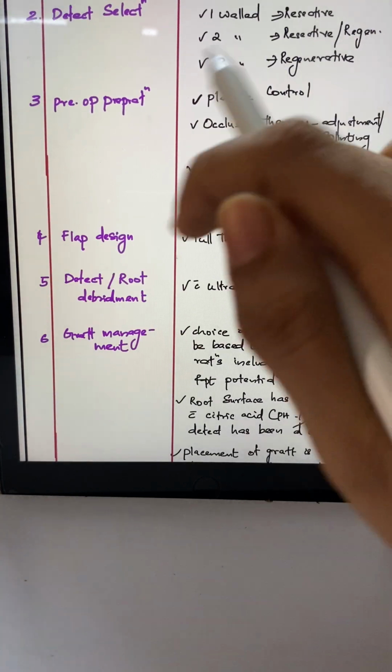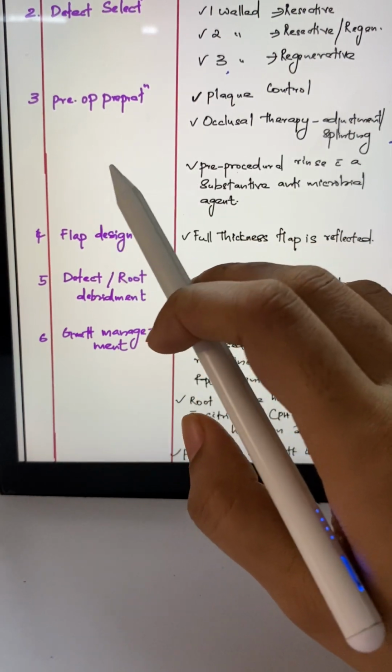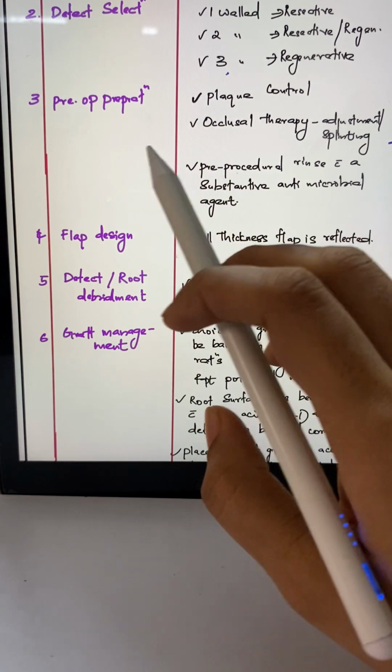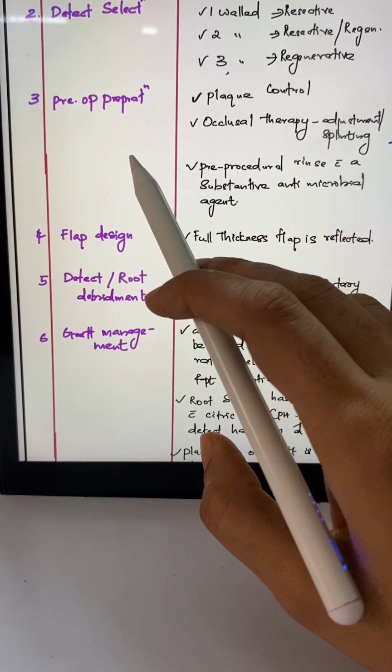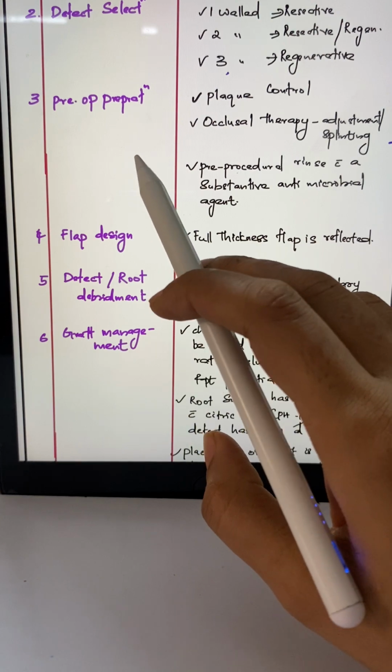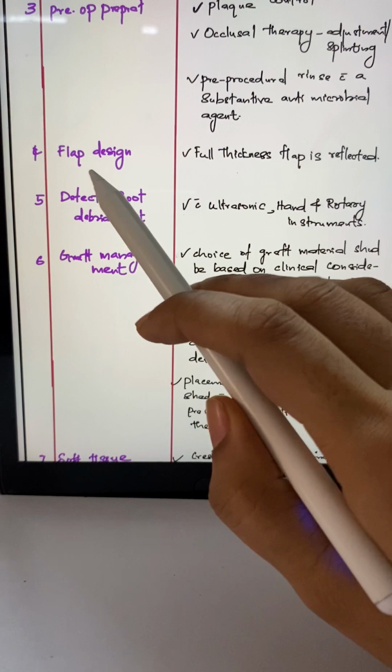And after that, pre-operative preparation, well, plaque control and debridement, everything. Then occlusal adjustment if required, that also we have to do. Rinsing with antimicrobial agents is also required. And we need to open the flap with a full thickness flap.